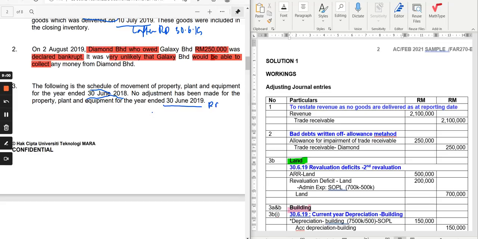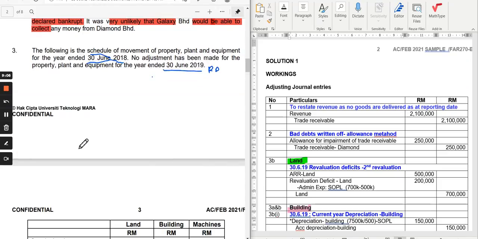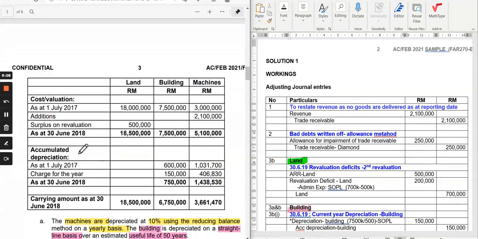So the schedule for 2019 has not been prepared, and you need to prepare it later because that is one of the requirements. Before that, these are the schedule for the year ended 30th of June 2018, which is last year. So every figure that you have here is from 1st of July 2017 until 30th of June 2018.